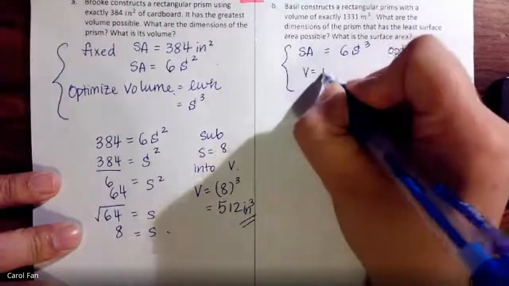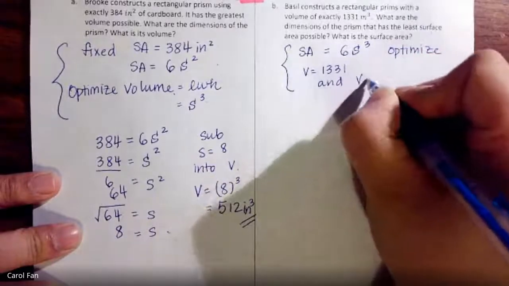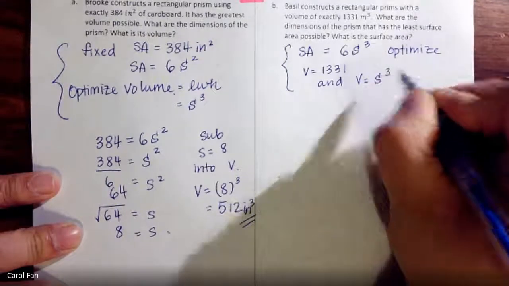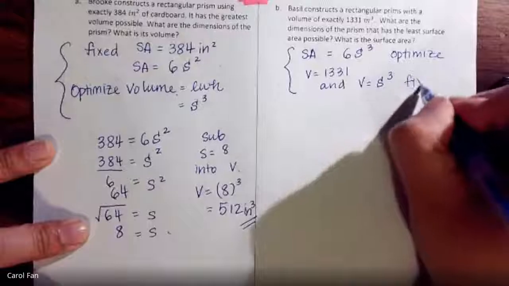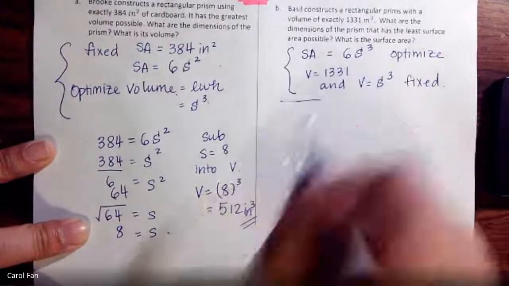I know that volume is equal to 1331, and I know that volume is equal to length times width times height, or s cubed. And this value is fixed. I've created my equations.